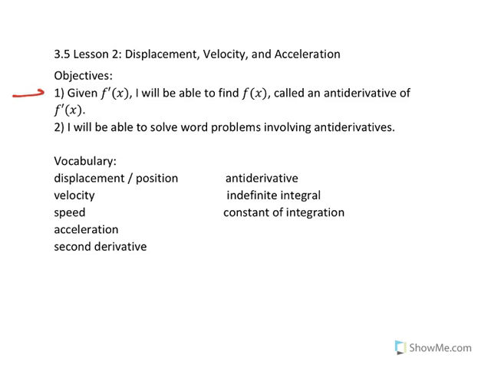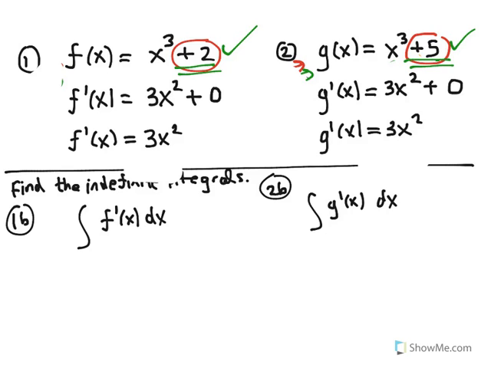Now we're ready to take a look at objective 1. Given the derivative, you'll be able to find the function from which the derivative was obtained. And that original function is called an antiderivative of f prime. So we're going to look at 1b and 2b, find the indefinite integrals.